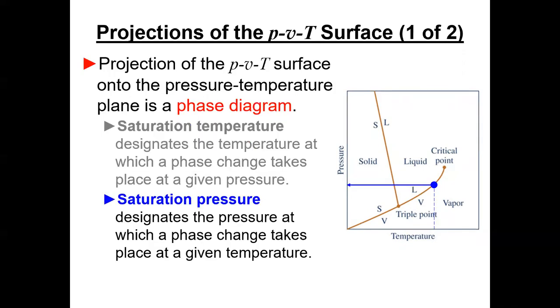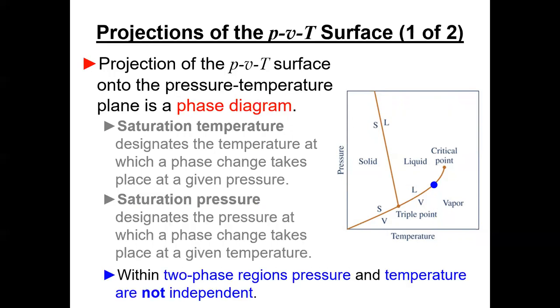Saturation pressure designates the pressure at which the phase change takes place at a given temperature. And these things for that phase change are not independent of each other. So within the two-phase regions, pressure and temperature are not independent. So we have to emphasize that a bunch. Okay.